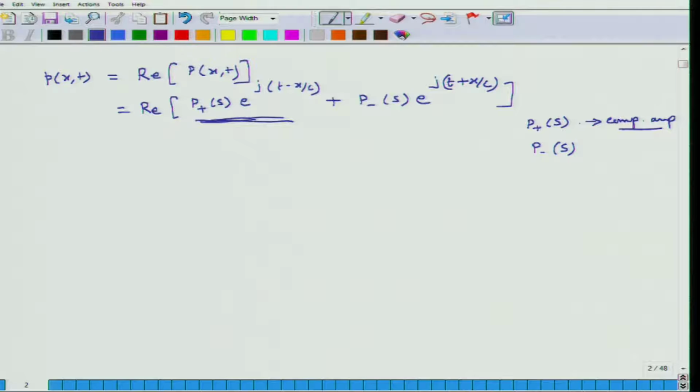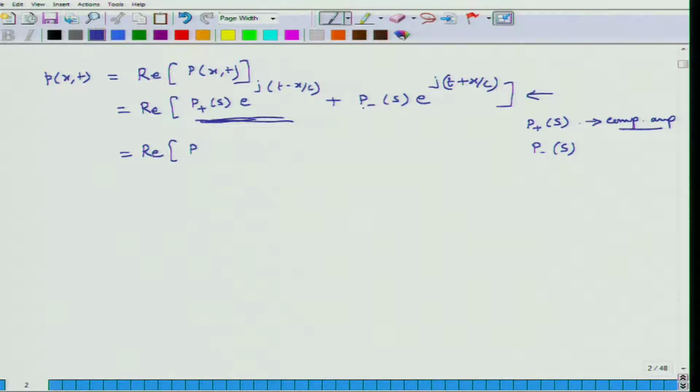Now I can rearrange this entire thing, and this is a valid function for the pressure wave equation, because wherever t and x are coming, they are coming in either t minus x over c format or t plus x over c format.